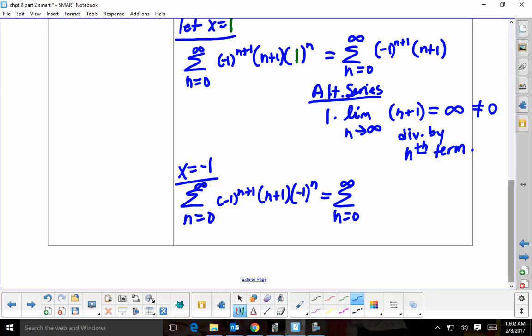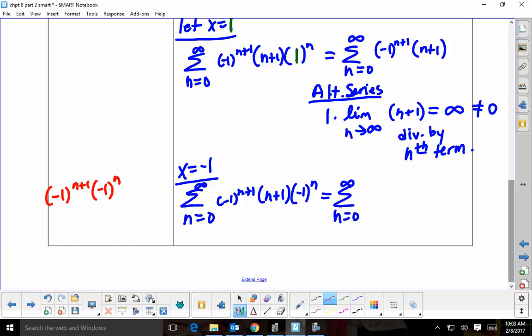What does that reduce to? Let's look at that. -1 to the n plus 1, -1 to the n, right?